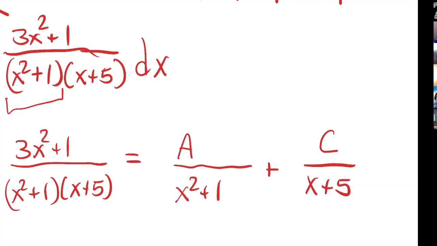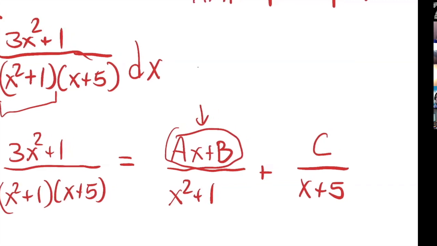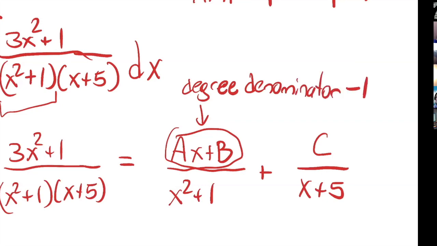AX plus B. One thing to keep in mind is the thing that you put on top is always going to be one less than the degree of the denominator.